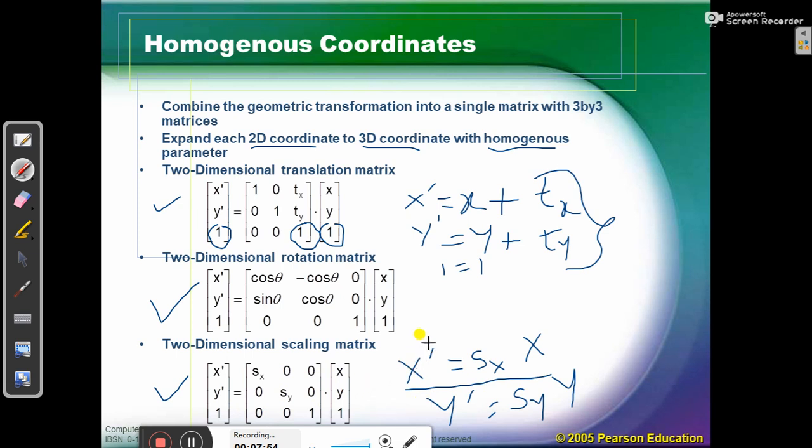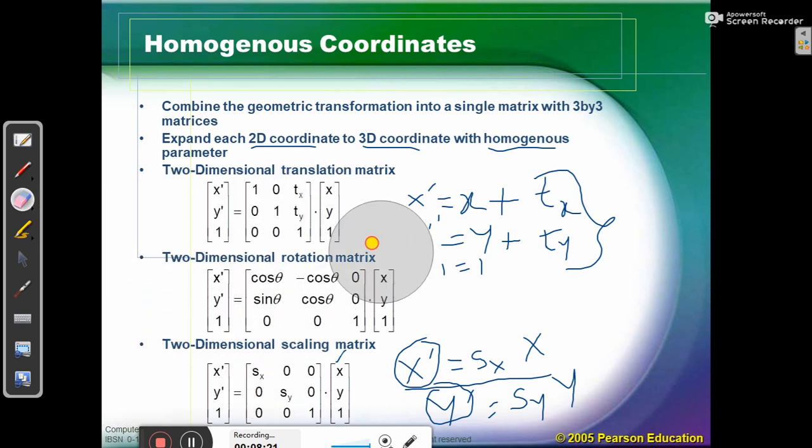So again we get the transformed point after applying the scaling matrix to the original points in a homogeneous coordinate system, arranged in these 3 by 3 matrices. That is the usefulness of homogeneous coordinates.